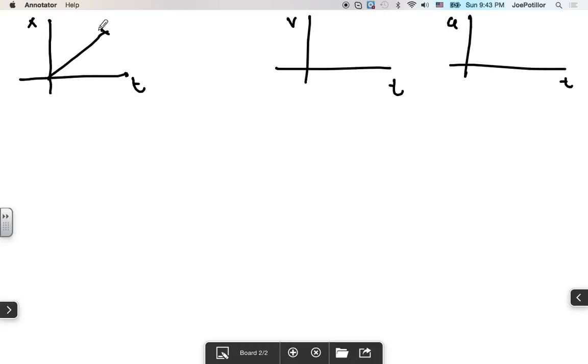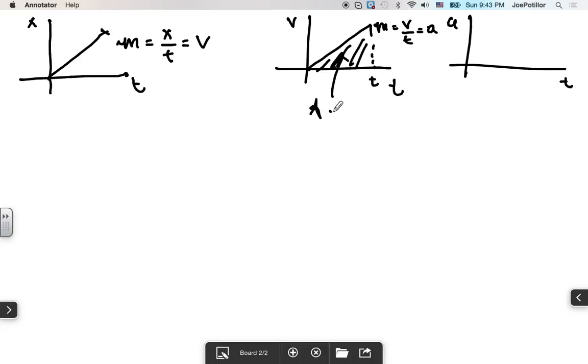Of course, in this situation, we have the slope of the line is equal to the speed of the object. And in this situation, we have slope of the line is, of course, equal to its acceleration, and the area under its curve is equal to its position.